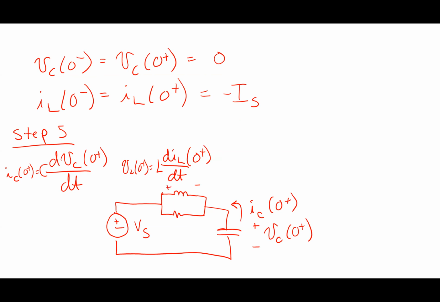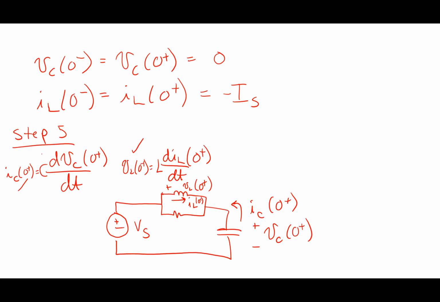This is VL of 0 plus. And this is I sub L, also 0 plus, like that. Okay. I drew a bunch of stuff. What am I looking for in the end? I'm trying to find the derivatives, and the way I'm trying to get them is I want to find VL and I want to find IC. That's how I'm going to get those things.